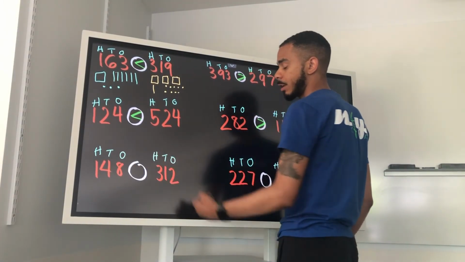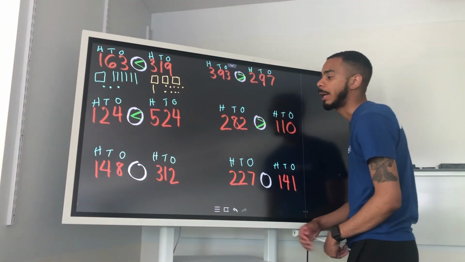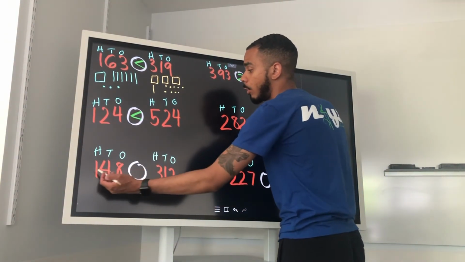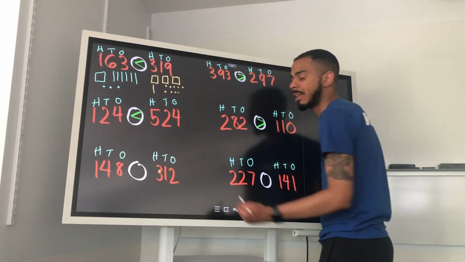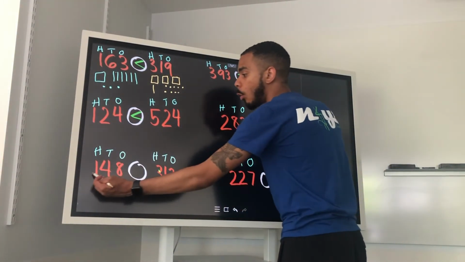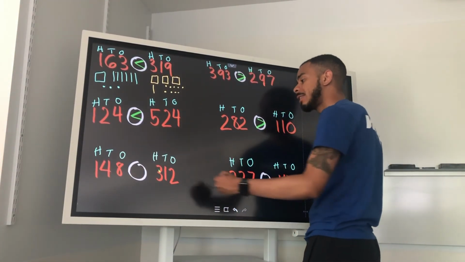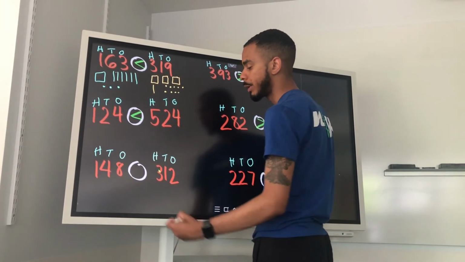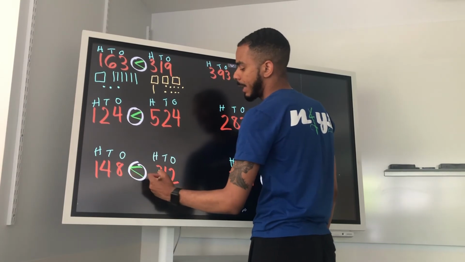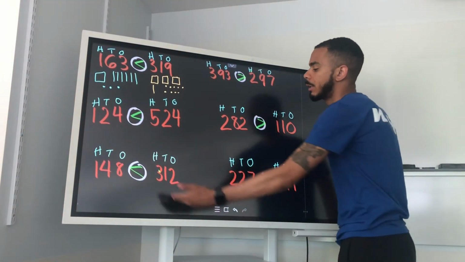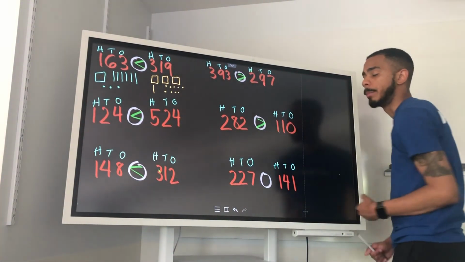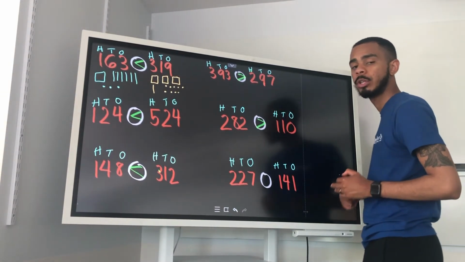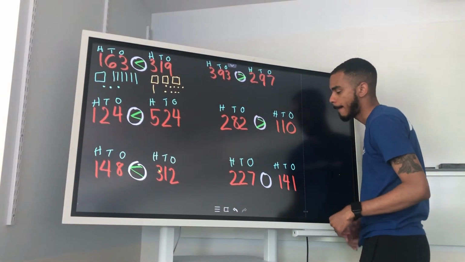There's a 3 in this number in the hundreds place. I know that 1 is less than 3. I know that 100 is less than 300. So we say that this number 148 is less than 312. Again, look at the mouth, open to the bigger number. That's how we know what symbol to make.